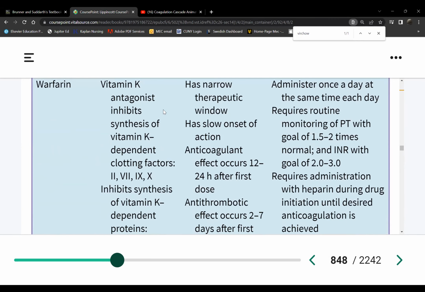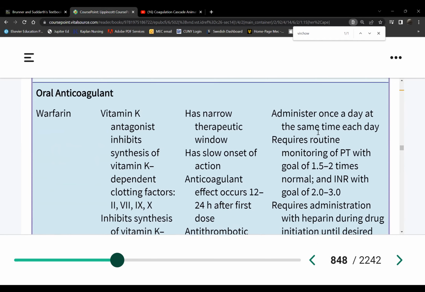Vitamin K antagonist. So this is warfarin now. Which oral anticoagulant the doctor sends the patient home with depends on whatever the doctor decides or whatever the patient needs.